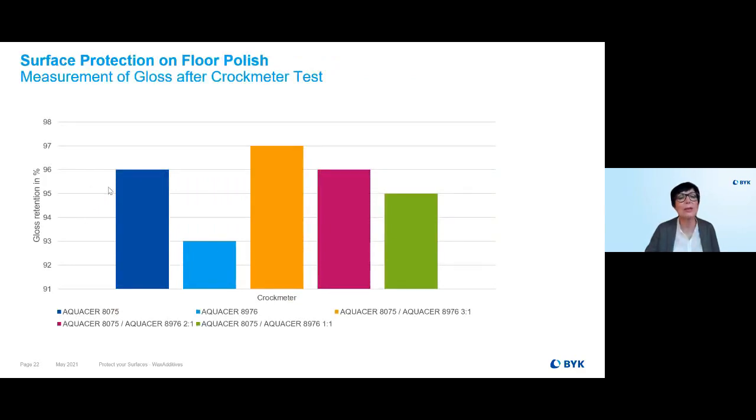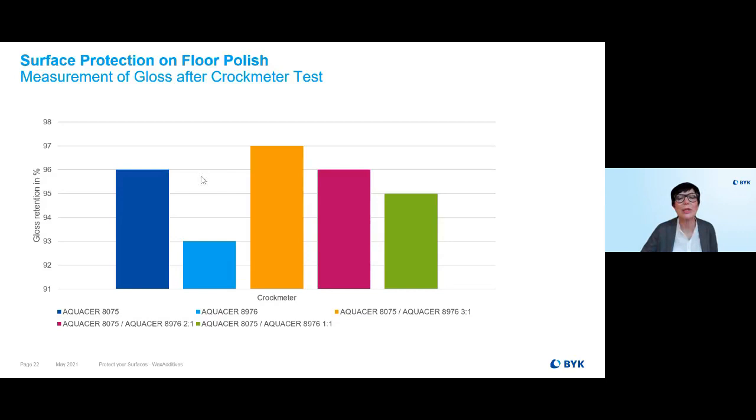So even here the gloss is going down with the pure 8075, even more again with the 8976 due to the melting point. So the polypropylene wax becomes a bit brittle, and that is the reason why it's never as good as a polyethylene wax.